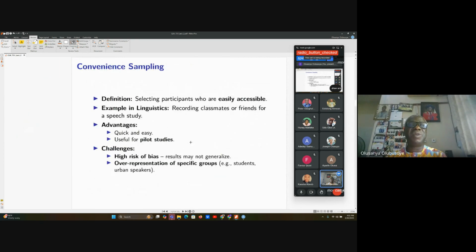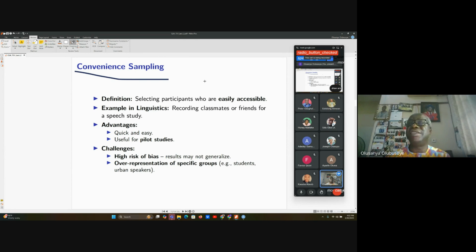The third sampling technique we are considering is convenience sampling. And I told you, most people use this, but it's not generalized. The result cannot be generalized. People use this because the participants are easily accessible, or they make themselves available.